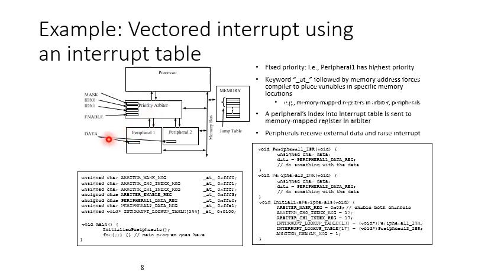Whenever data is ready on peripheral 1 or peripheral 2, they are going to initiate interrupt requests. So our priority arbiter will be enabled, which means the enable register will have 1 in it. We need to set this pin high. Okay, so this is our main program, and this is how we can initialize our priority arbiter. In initialize peripherals we assign these values, and then the main program goes on.